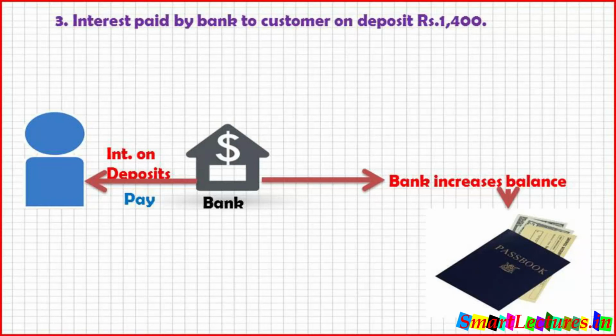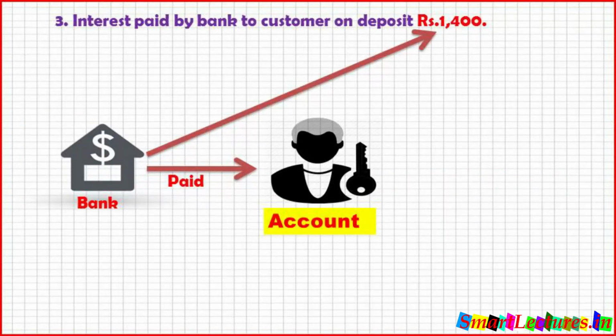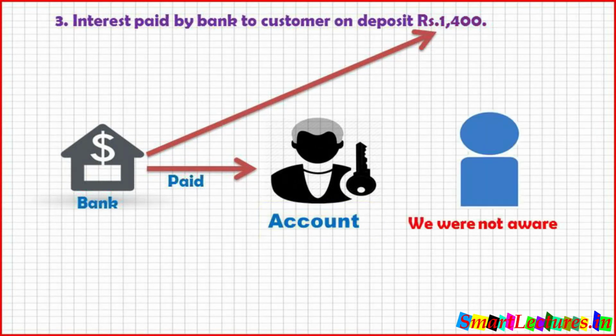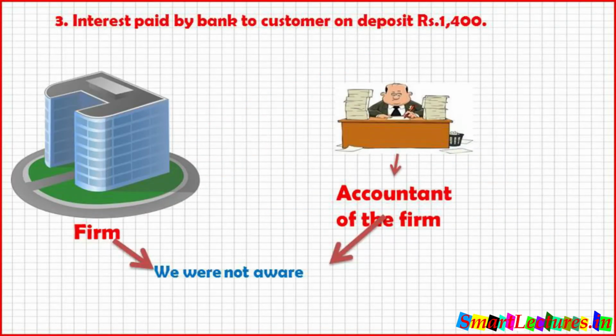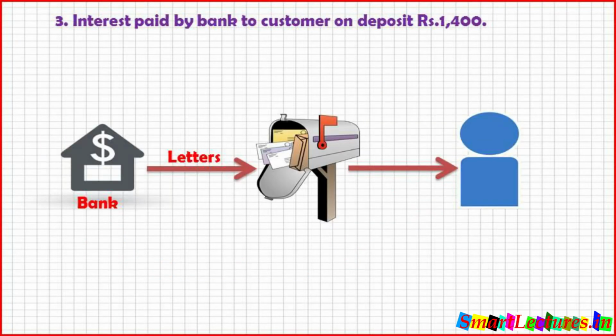So the bank paid 1,400 into our account, but the accountant of the firm was not aware of this transaction. Maybe the bank sent a letter, but we lost the letter or something happened. You can say it is due to miscommunication. Means the bank communicated, but we couldn't get the message.